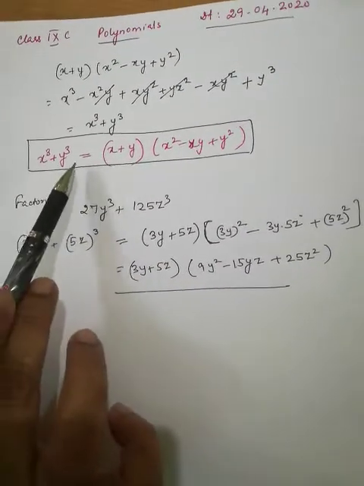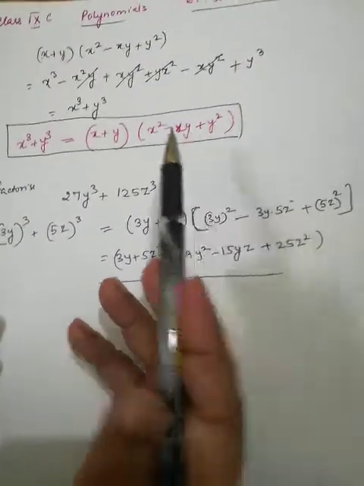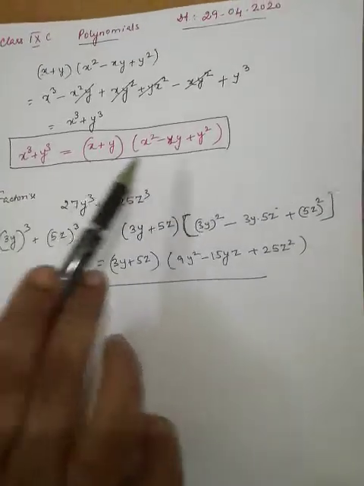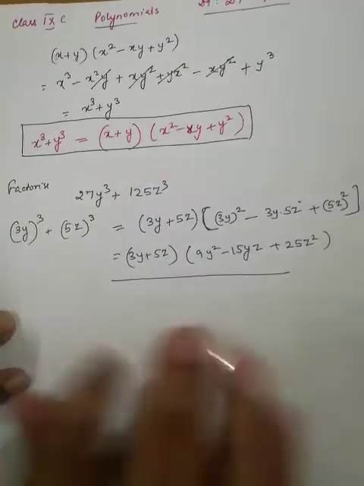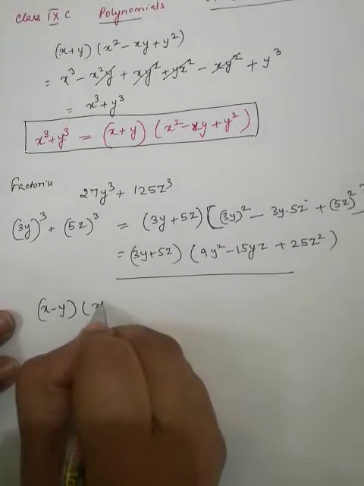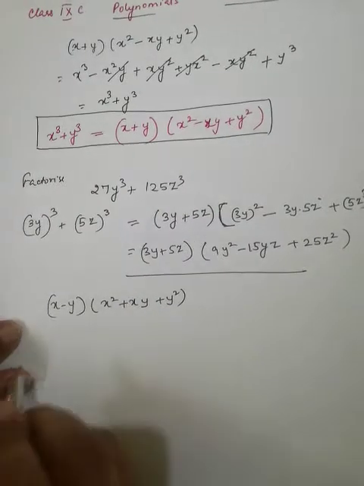If you are asked this question, then you have to multiply the left hand side and prove that it is equal to right hand side. And also you have to remember this identity. Similarly, we can prove that x minus y into x square plus xy plus y square, what is it? Let us see.